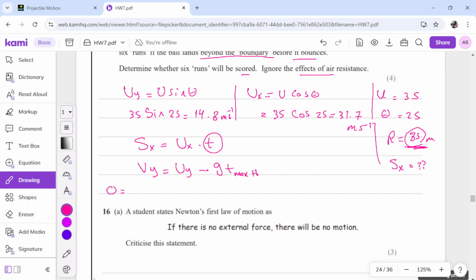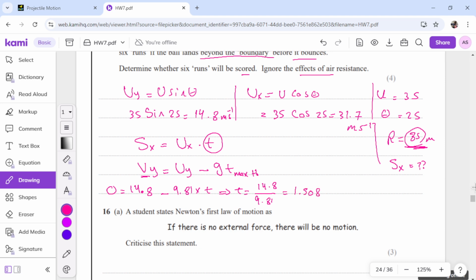Okay, Vy equals 0, and we find Uy, which is 14.8, minus 9.81 multiply time. So now time equal 14.8 over 9.81, which equal what? Which equal 1.508.